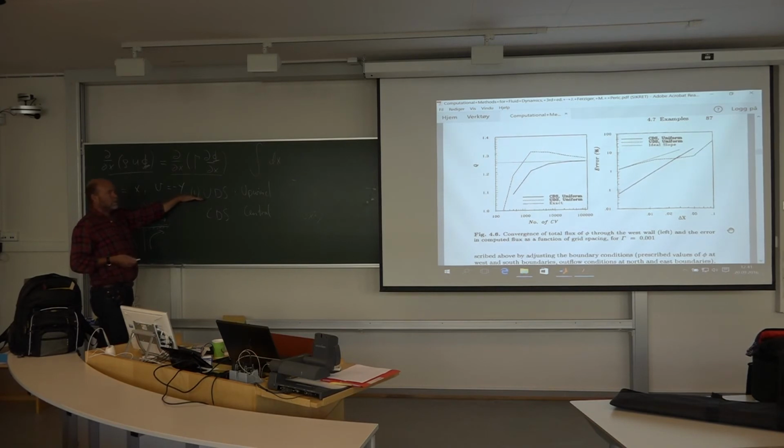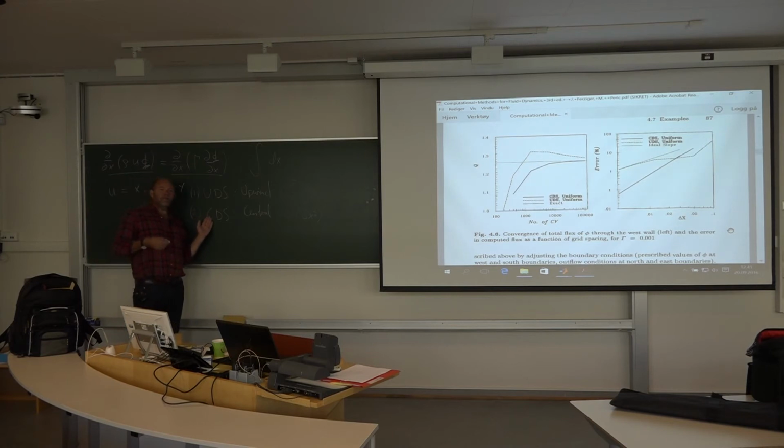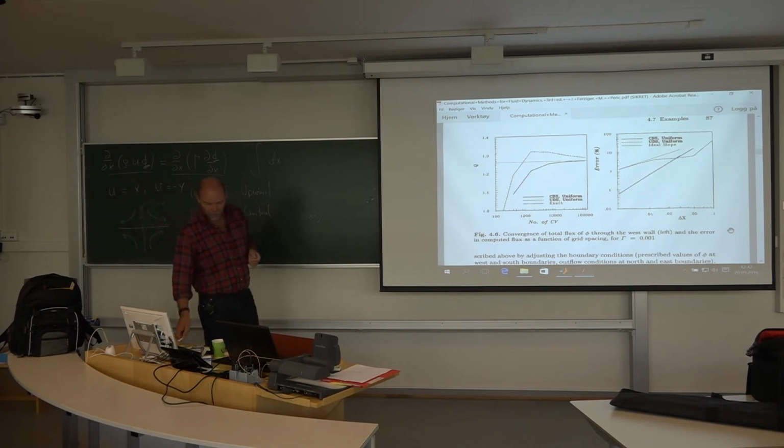Then you use this solution as a starting point for this scheme. Then it should be able to find its solution faster when it has a better input, sort of an initial state that should be at least close to the final correct solution. So that could be one way to still use this first order upwind scheme.